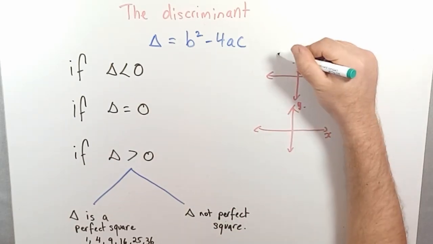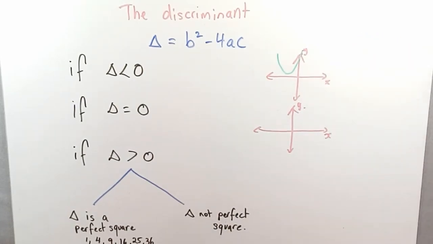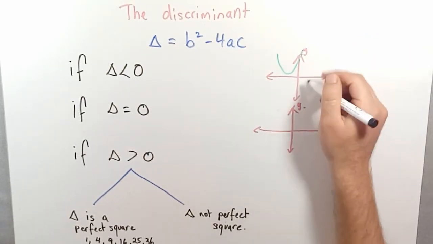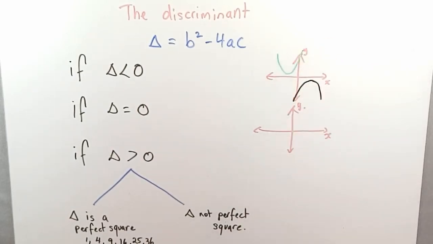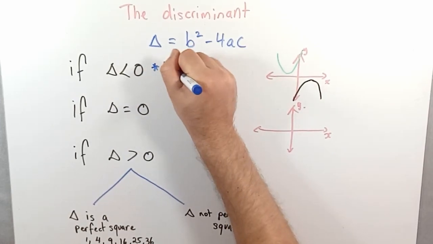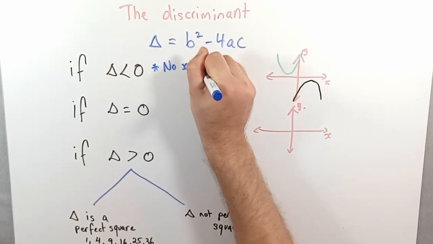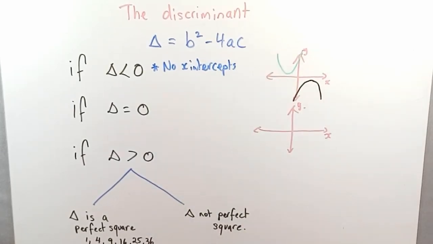So that tells us our parabola is sitting either above the x-axis, or it could be upside down and below the x-axis. But what it tells us is it doesn't cross the x-axis at any stage. So I'll just write that in. No x-intercepts. That's what it tells us.